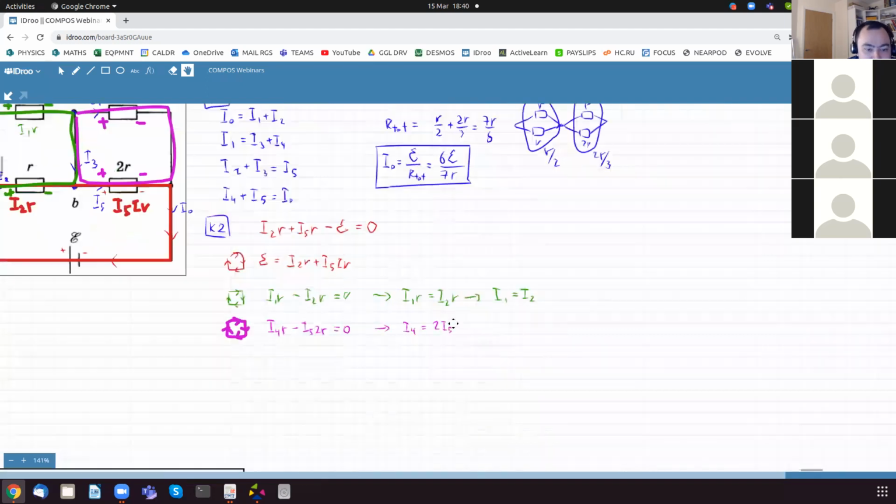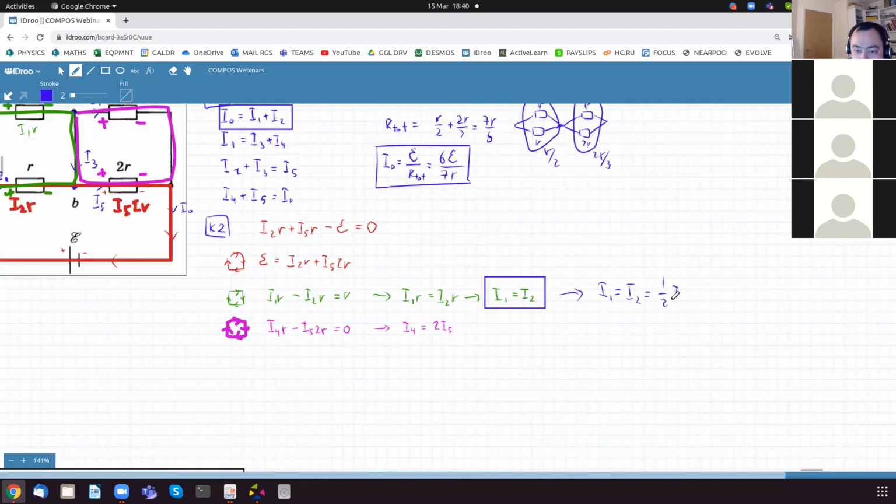Immediately, because I1 is equal to I2, and we know that I1 plus I2 is I0, we can figure out that I1 is equal to I2 is equal to half of I0, because I0 is I1 plus I2, and therefore each of them is half of I0, which is 3 EMF divided by 7R.